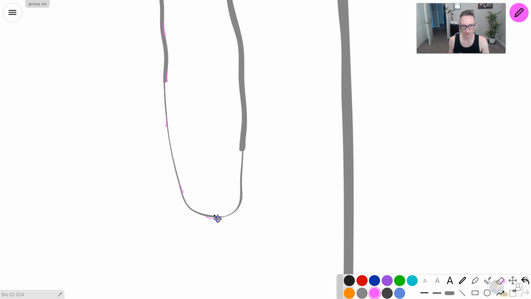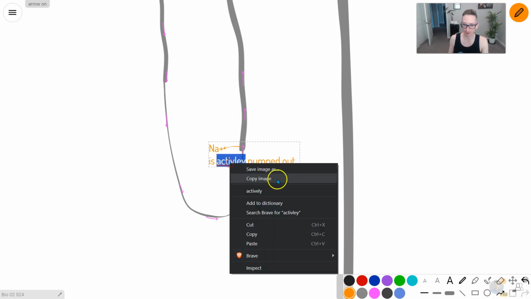Let's talk about what happens here again. Up here, what's happening in the ascending loop of Henle is the same process, and there's a lot of salt. Na plus is actively pumped out, and I mean a lot of it.